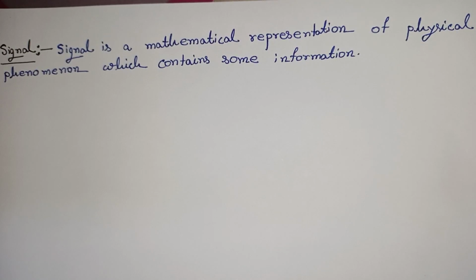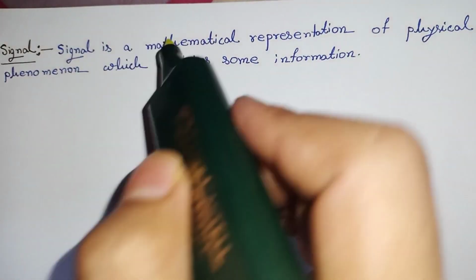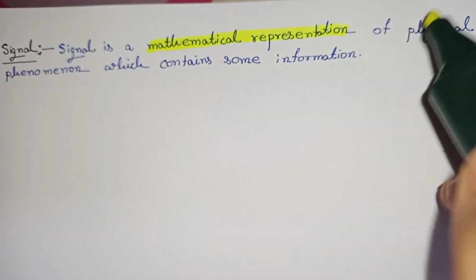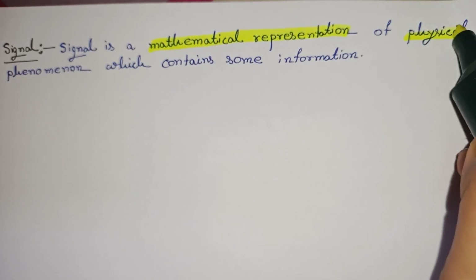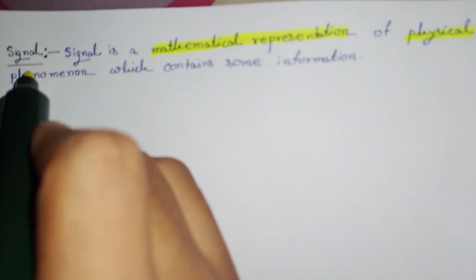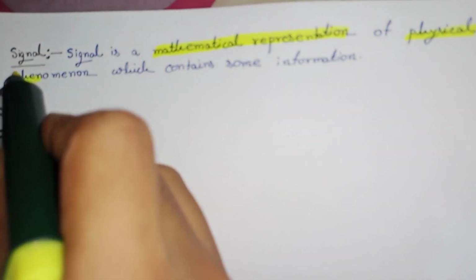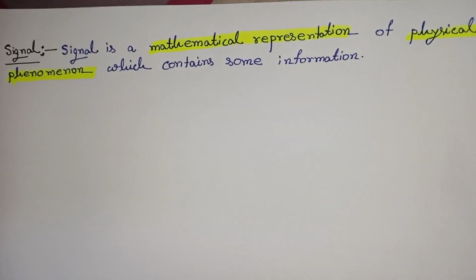You can see signal is a mathematical representation of physical phenomena which contains some information. Now, what is physical phenomena?